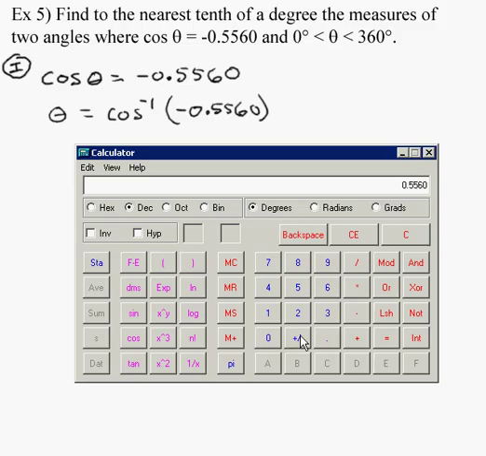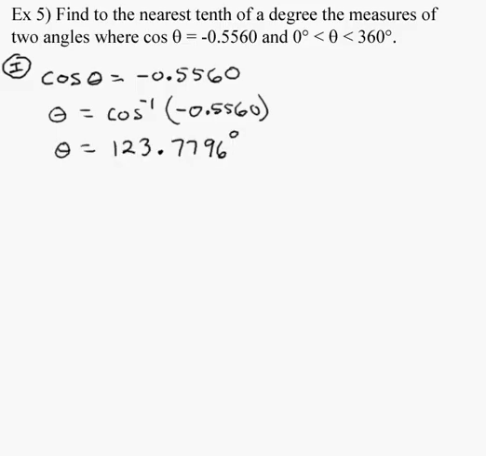On most calculators, there's a plus or minus button that'll change the sign from positive to negative and vice versa. So I've got to make it negative. Then I'm going to hit the inverse cosine button and round that off to 4 places. So one of the angles we're looking for is 123.7796 decimal degrees. And they want this to the nearest tenth, so okay, let's make that 123.8 decimal degrees.